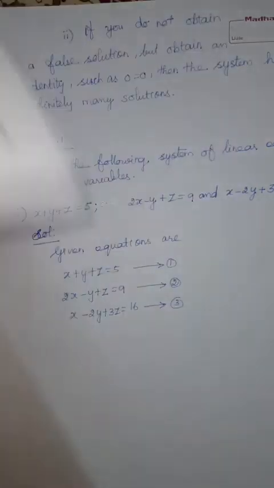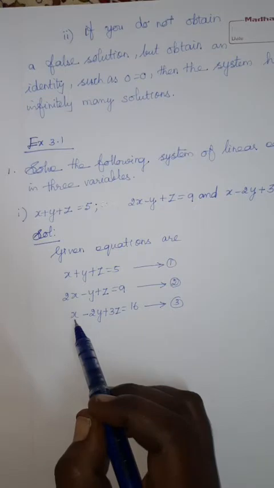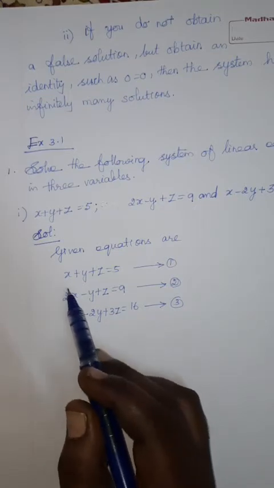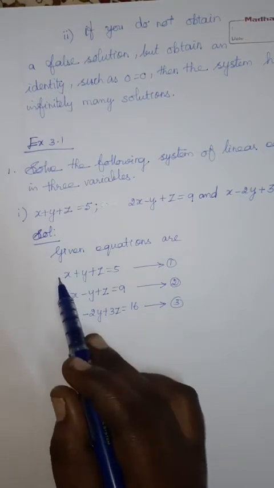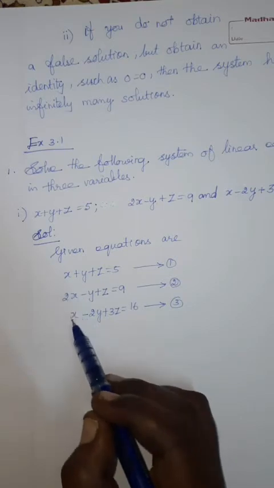Here you see the first equation and third equation, the coefficients are same in the first variable x. Since the signs are same, you can subtract and eliminate the x term.